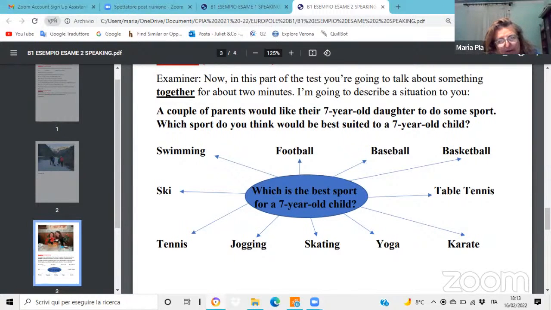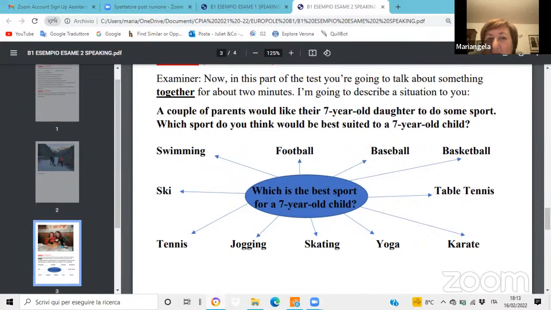Yes. Okay, so now you have 30 seconds to agree on a sport. I think that the best choice could be skating, because it's a beautiful sport, and the girls enjoy it.